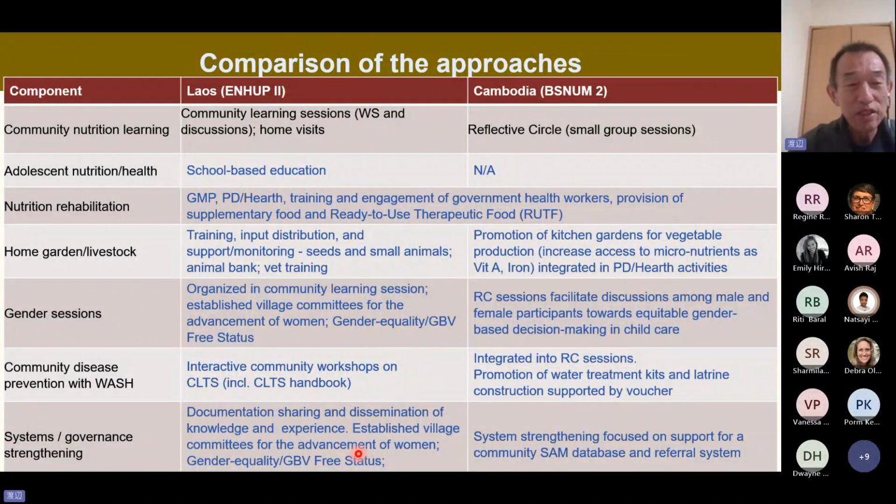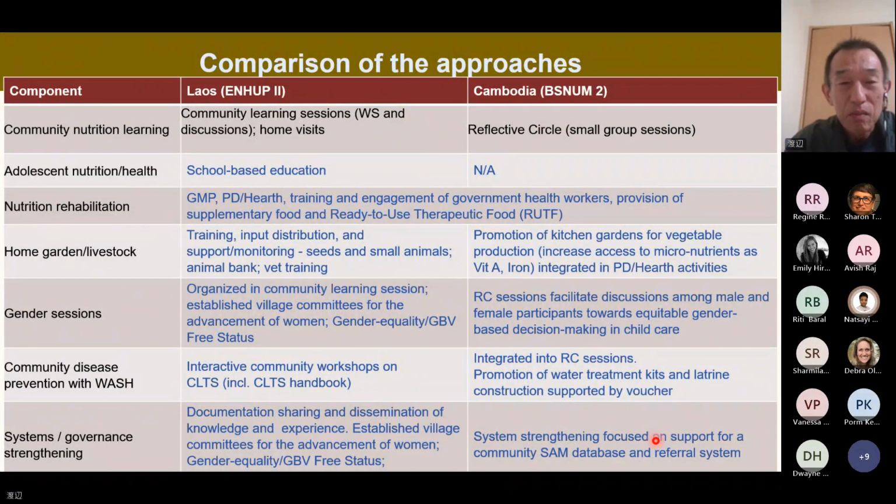Finally, system strengthening and governance. The Laos program was more focused on documentation and experience sharing, and also on establishing village committees for the advancement of women, kind of community-level structures.